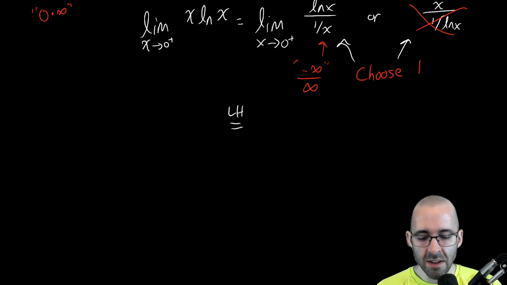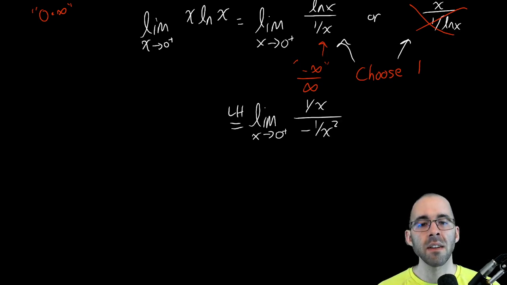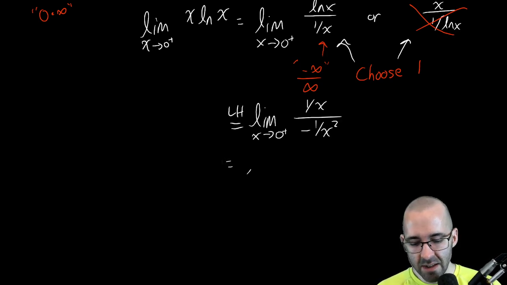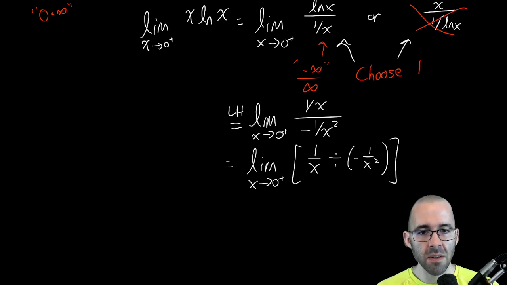We can take the derivative of the top, which is 1 over x. We can take the derivative of the bottom, which is negative 1 over x squared. And now we can evaluate this limit. Let's simplify. This is 1 over x divided by negative 1 over x squared. Dividing is the same as multiplying by the reciprocal.